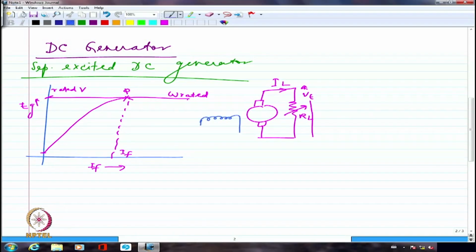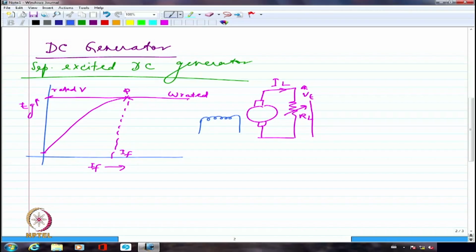Some books show the field winding perpendicular to the armature winding because the brushes are always placed perpendicular to the field lines. Wherever the field lines are going, generally perpendicular to that the brushes will be placed. That is why some books show this kind of representation. The field will always be shown perpendicular to the brush axis.